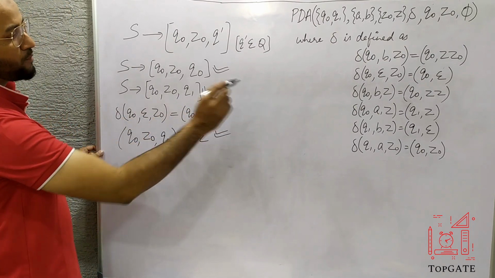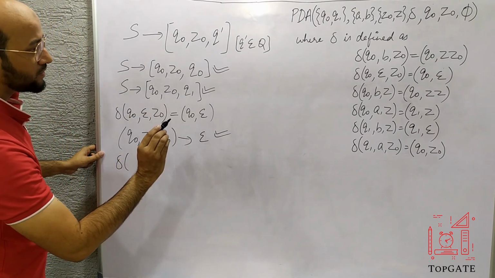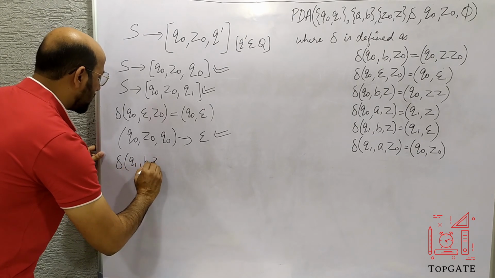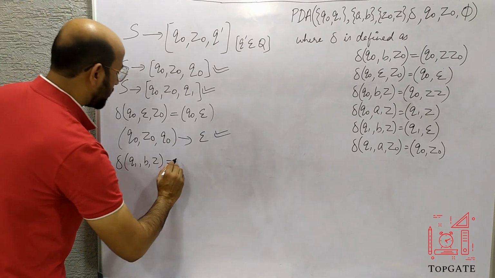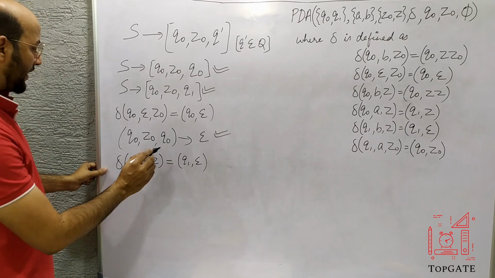Now take the second pop operation. The second one is delta of q1 comma b comma z, which is equal to q1 comma epsilon. How do we write this one?